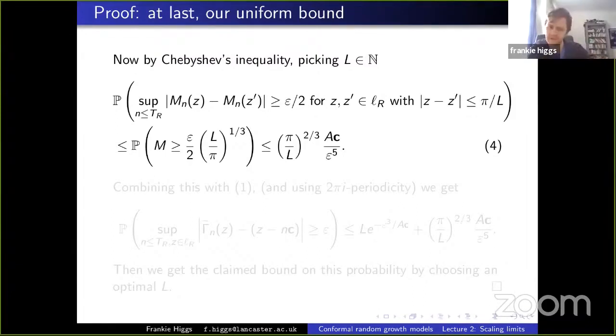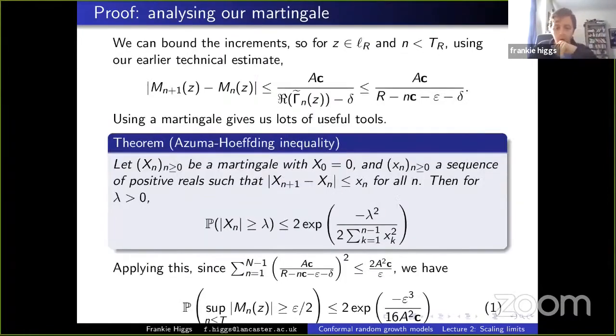So what we're going to do, since we are dealing with an interval, really, rather than a whole line, we're dealing with the points whose real part is r and whose imaginary part is between minus pi and pi. We can pick L points on that line, and then since we had this upper bound on the probability of exceeding epsilon over 2, the probability that any of them exceed epsilon over 2 is bounded by L times this probability.